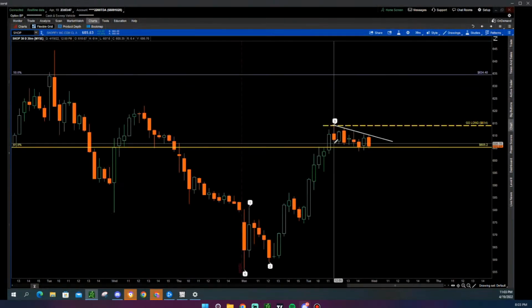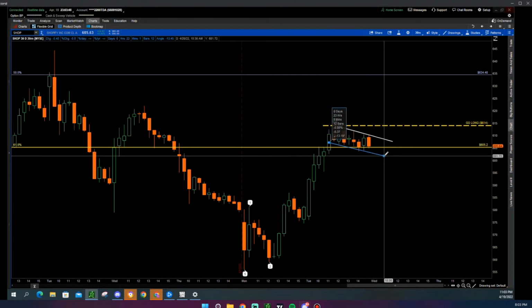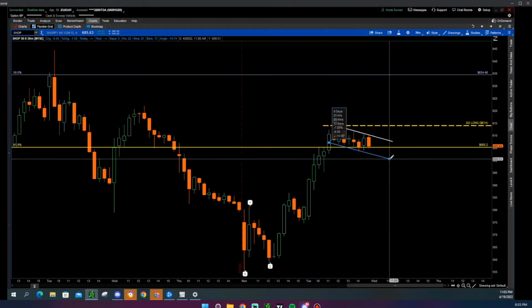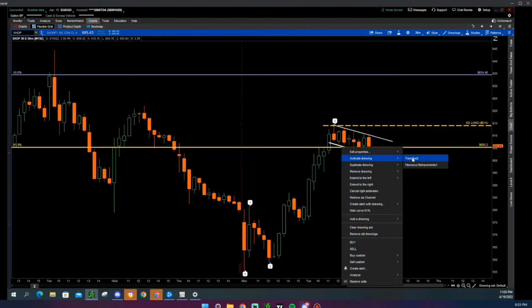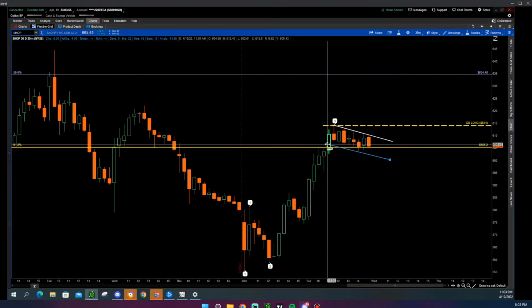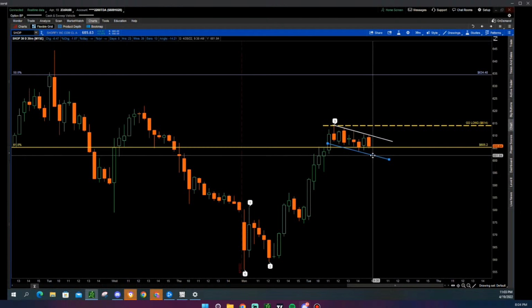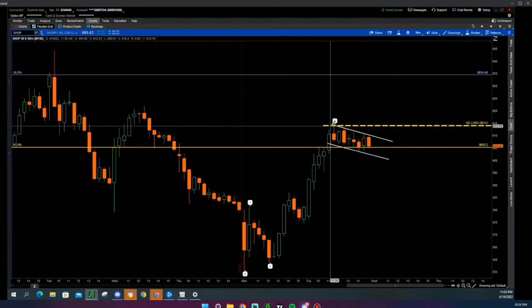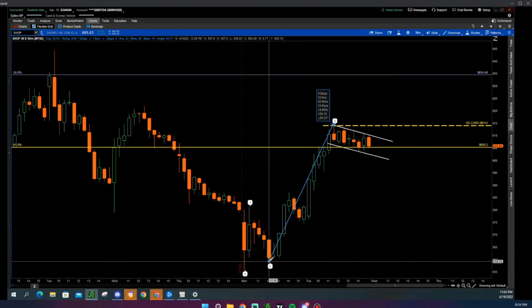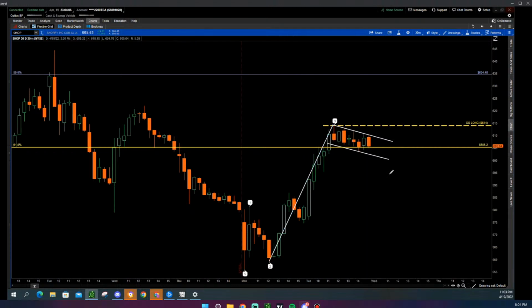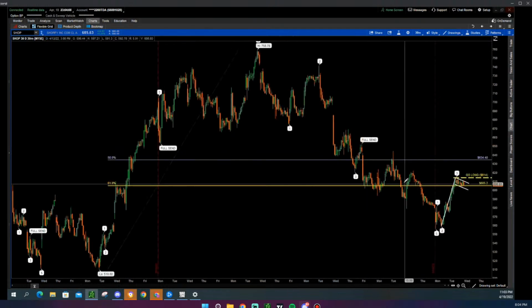I mean, it has a nice bull flag. So this could run nicely here. You guys see it? Pretty good.